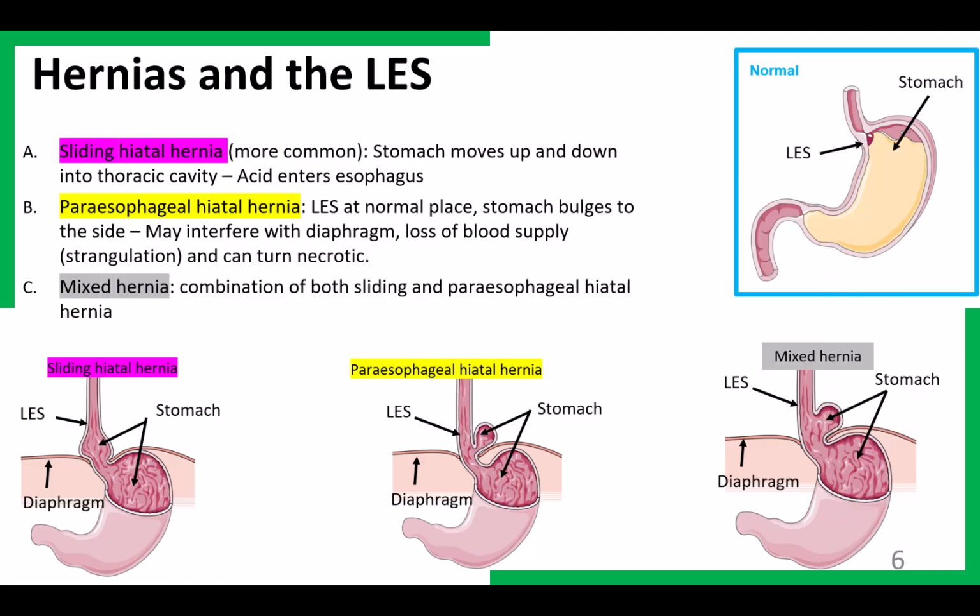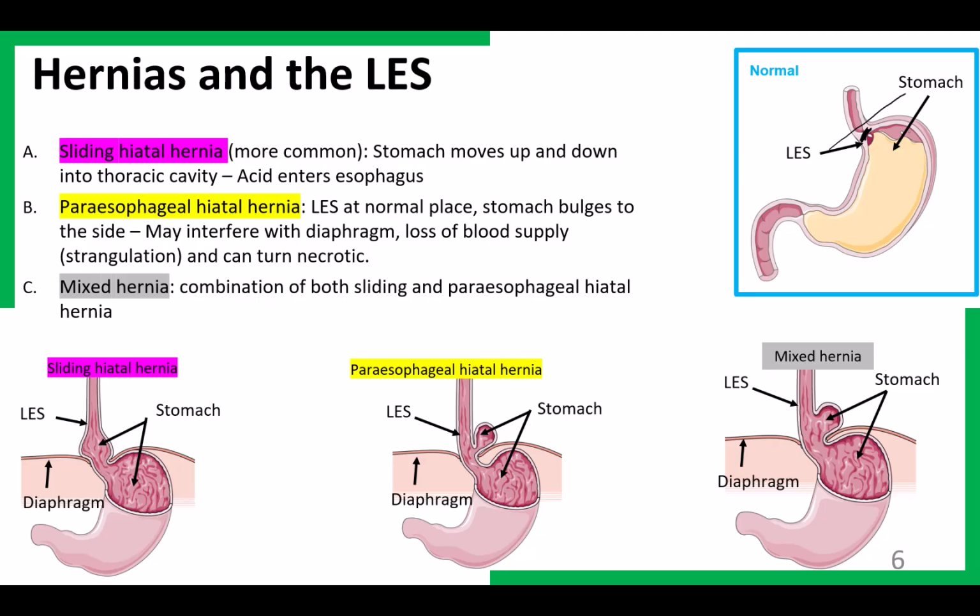So again, because the diaphragm is located just above the lower esophageal sphincter, the lower esophageal sphincter can actually do its job, right? And keep the acid in the stomach and not in the esophagus. However, there are several different scenarios where part of the stomach actually goes above the diaphragm.